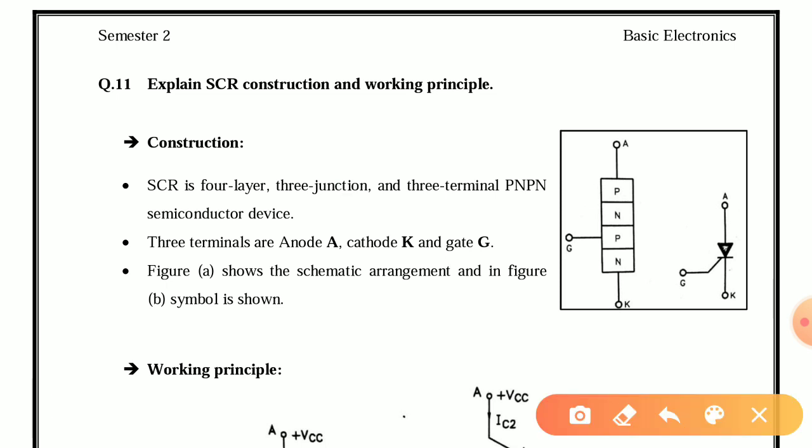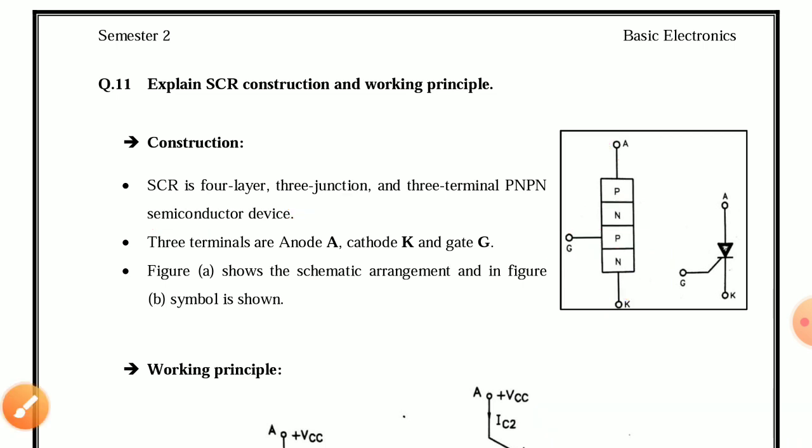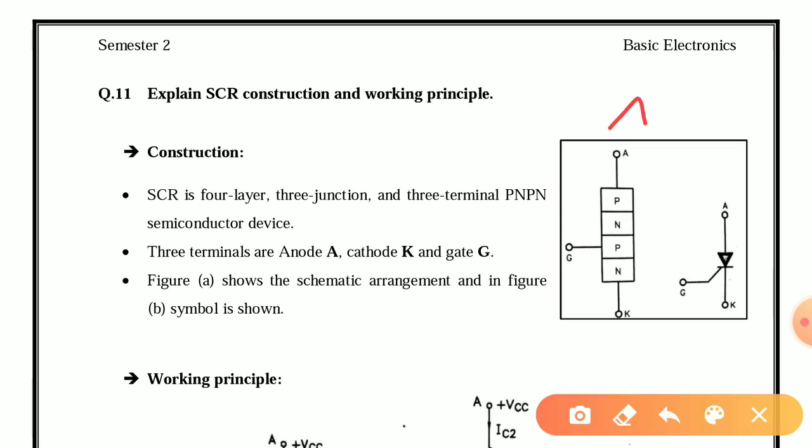So what is SCR? SCR is a 4-layer, 3-junction, 3-terminal PNPN type semiconductor device. Yes, there are 4 layers of semiconductors, PNPN. There are 3 junctions: junction J1, junction J2 and junction J3. There are 3 terminals, so SCR is a 3-terminal device, and these 3 terminals are known as anode, cathode and gate.